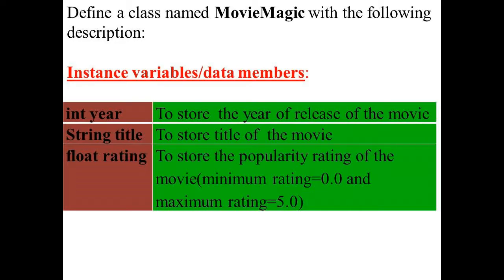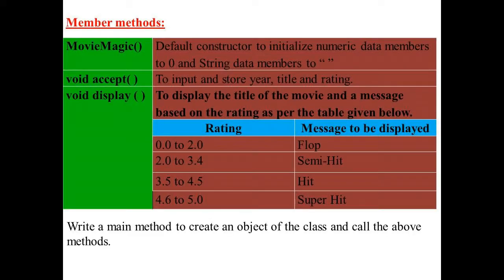This is a film based question, that means calculate the rating. Then some member methods are also there. First one, MovieMagic, that is a default constructor to initialize numeric data members to 0 and string data members to double inverted comma. Member functions: void accept to input and store year, title and rating.